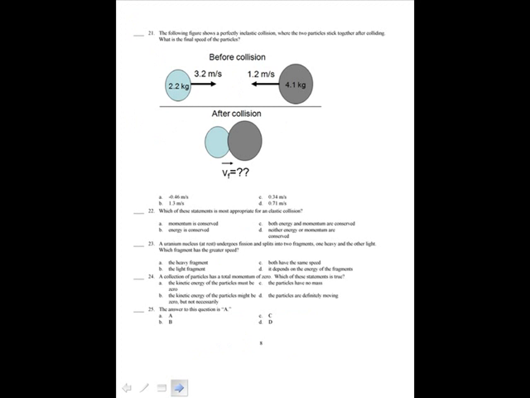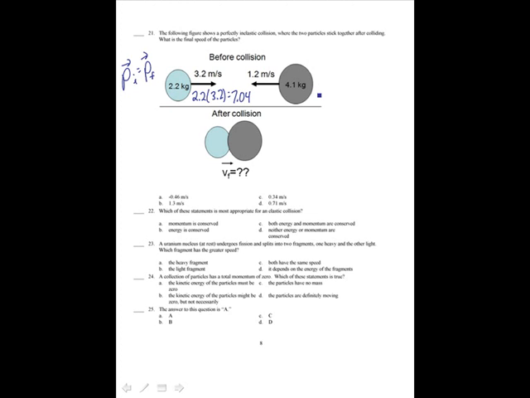The following figure shows a perfectly inelastic collision where the two particles stick together after colliding. What is the speed of the particles? We have to consider that the initial momentum equals the final momentum. So I can just determine the initial momentum of these balls individually. This is going to be 2.2 times 3.2, which gives me 7.04.